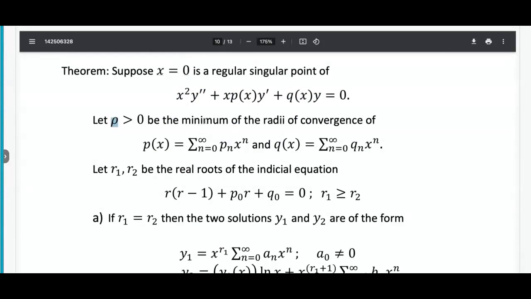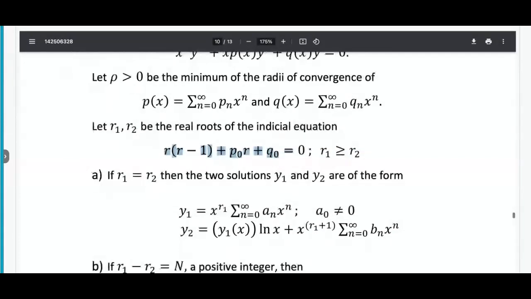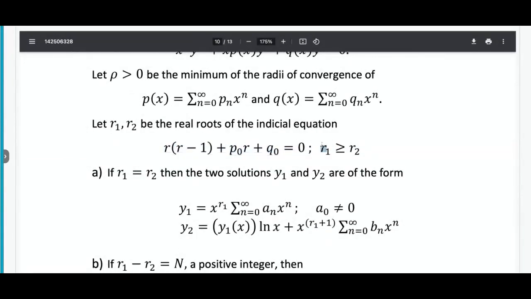And rho greater than 0 be the minimum of the radii of convergence of this and this, right? So let R1, R2 be the real roots of the indicial equation. So we have this indicial equation with R1, R2. So this probably is a typo again.